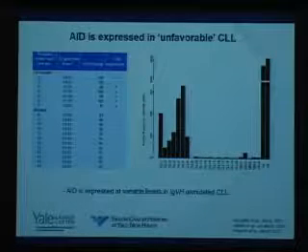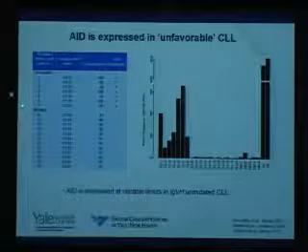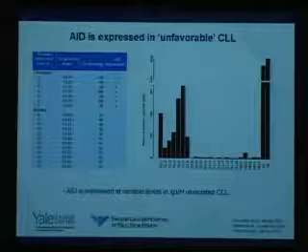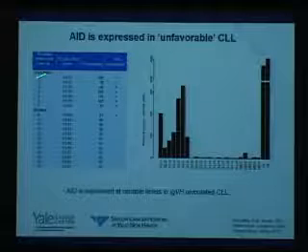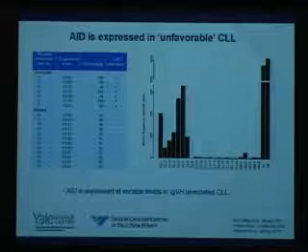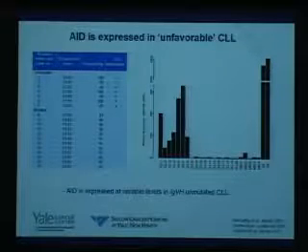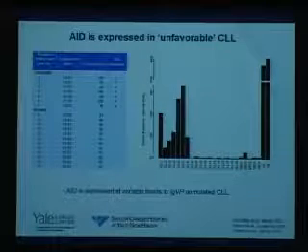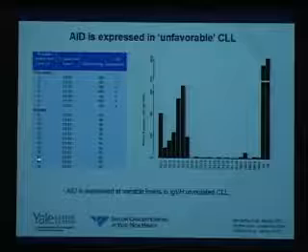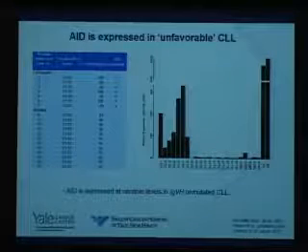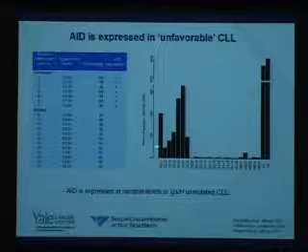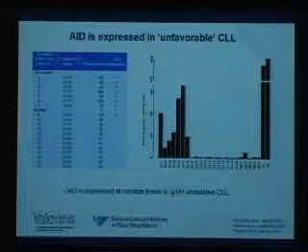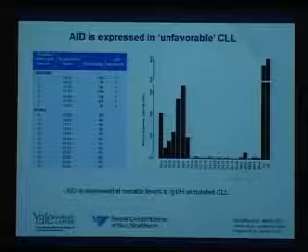In this example, what has been shown is that indeed AID is expressed in patients with unmutated IgVH regions, but invariably it's not expressed in patients with mutated IgVH. Now, at a quantitative level, the level of AID expression seems to be quite low compared to that of germinal center B cells, and it also seems to be quite variable.